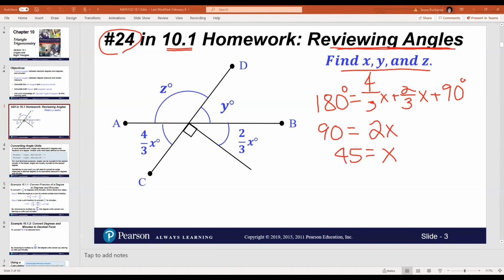From there, what could I do? All I really need to do is take that 45 and substitute it in for the x in, for example, 4/3 times 45, and do my solving there. This is going to end up being 60. 4/3 of x is 60 degrees.